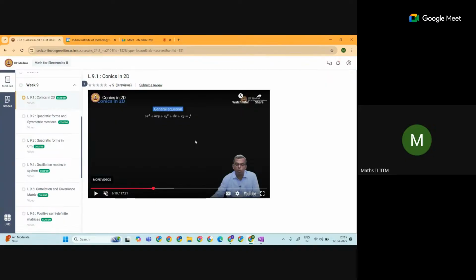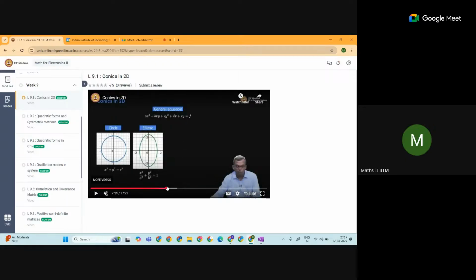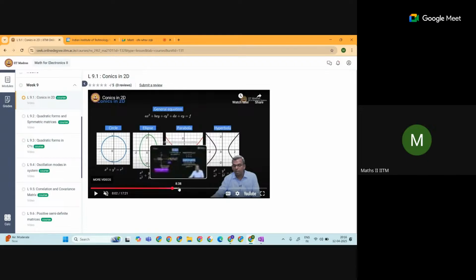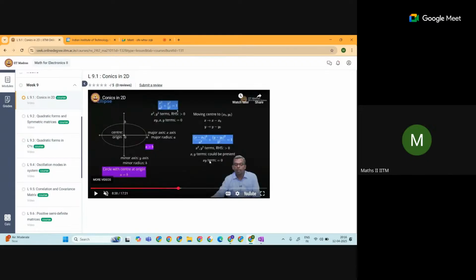You can say in two dimensions conics are a square polynomial of two variables: ax square plus bxy plus cy square plus dx plus ey is equal to f. Once we have this, how we will get circles, what is going to be the center of it, what is going to be the chord. All of you already know these formulas.